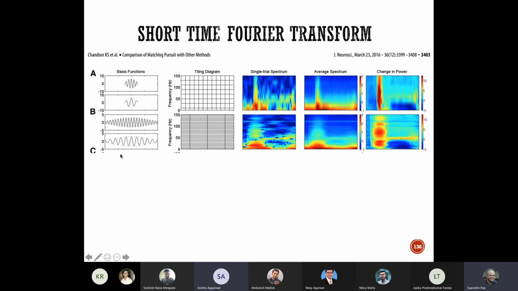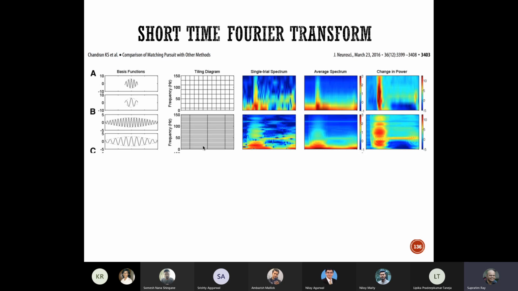So think about this. This is again not straightforward. So suppose I do multi-taper method and my window length is the same as this one, the long one here. But I'm going to use 3 tapers. How is the tiling diagram changing?